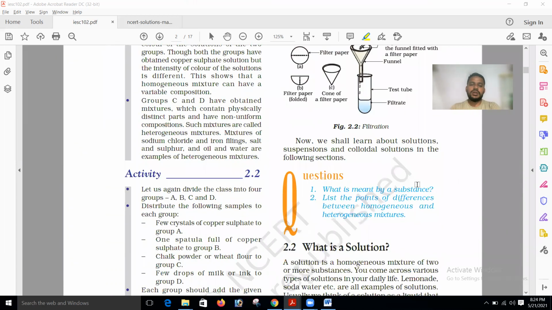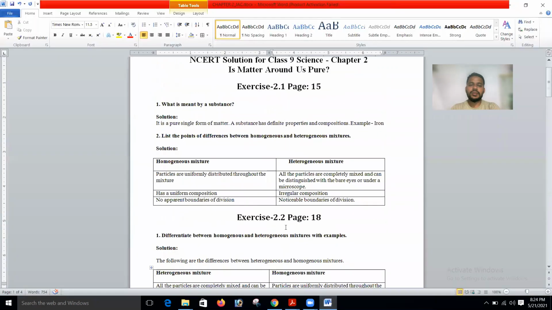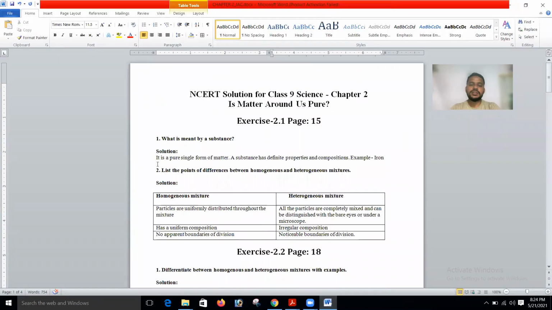So let's see the questions given here. The first question is, what is meant by substance? Let's see how we can define substance. It is a single pure form of matter.